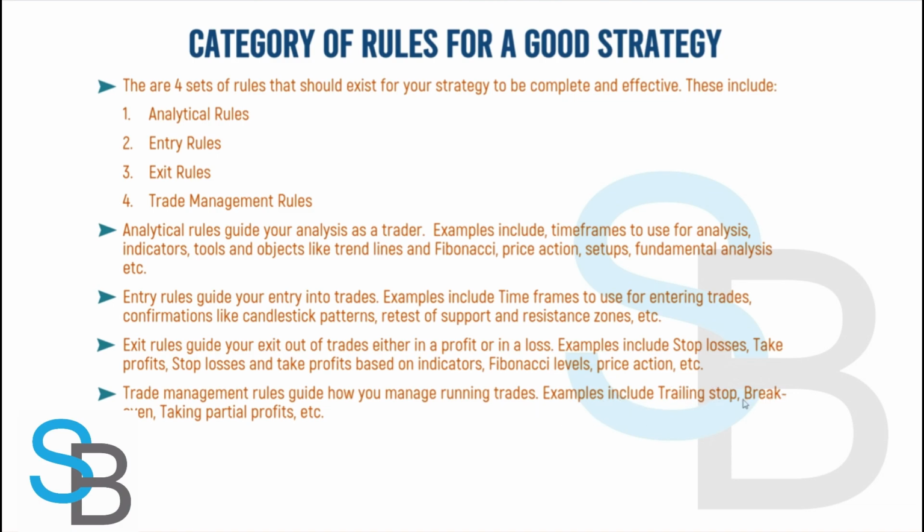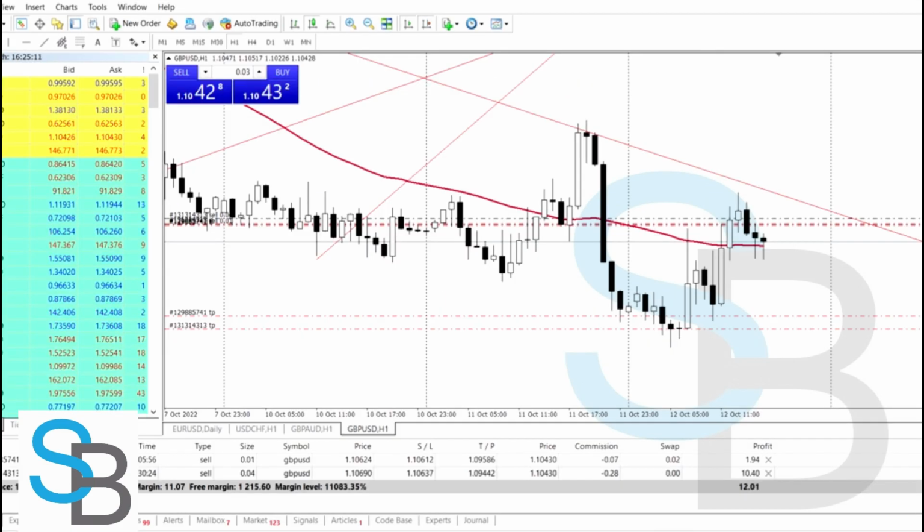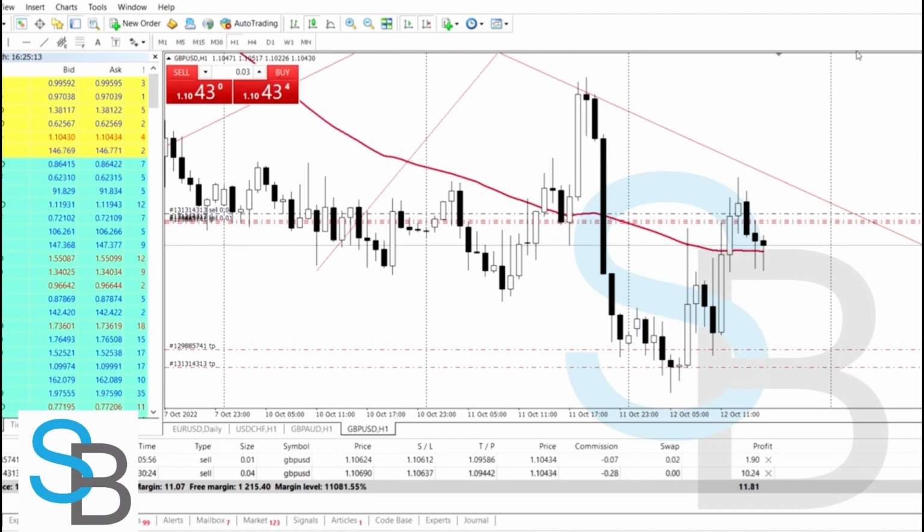Examples are rules which include trailing stops, which include break even, which include taking partial profits. I don't know if I explained taking partial profits before, but let me just explain it with these running trades. If I'm to take partial profits, I'll just come on the trade and right click and come to modify.